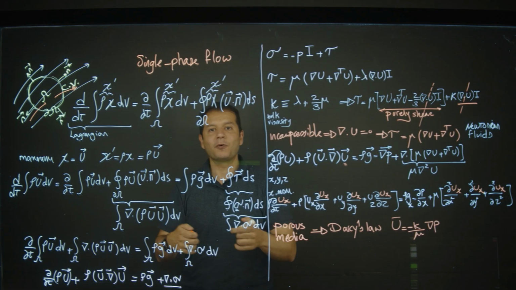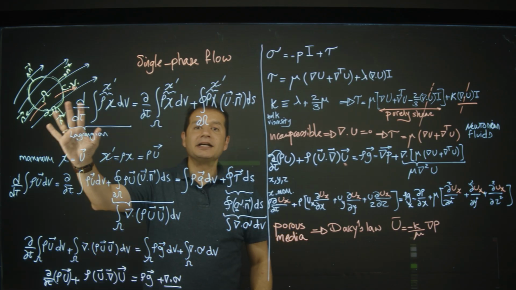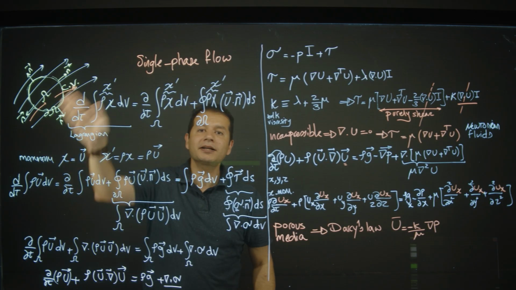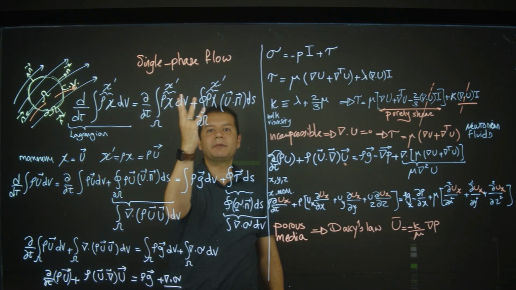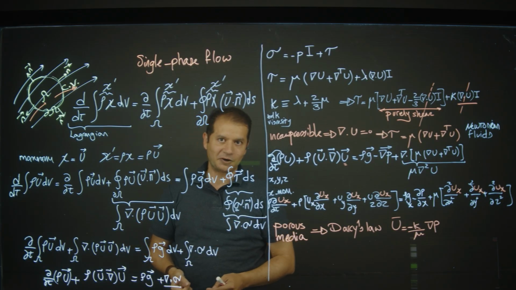Now, when I move on to multi-phase flow systems, you will see that the space will be occupied partly by phase 1 and partly by phase 2. And the interactions of those phases matter a lot as well.